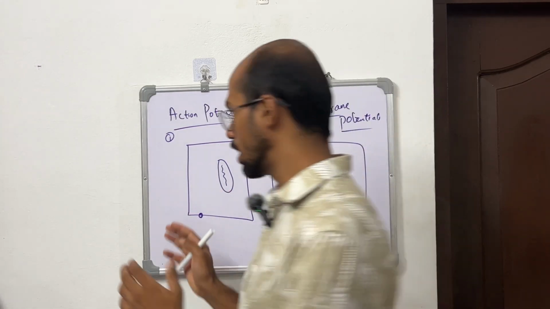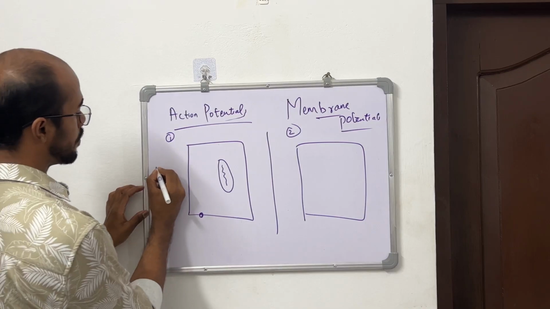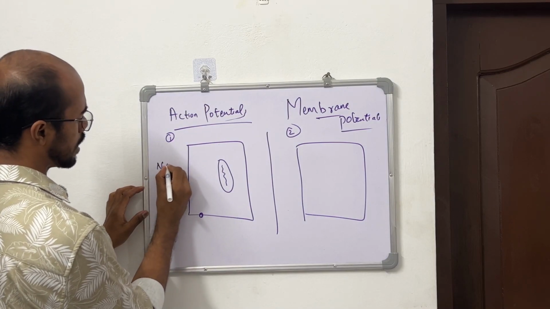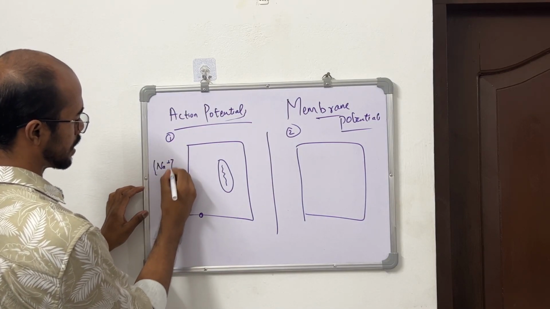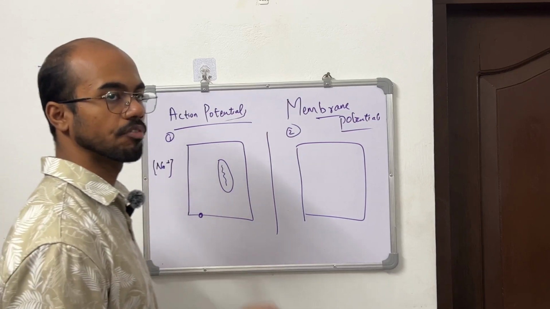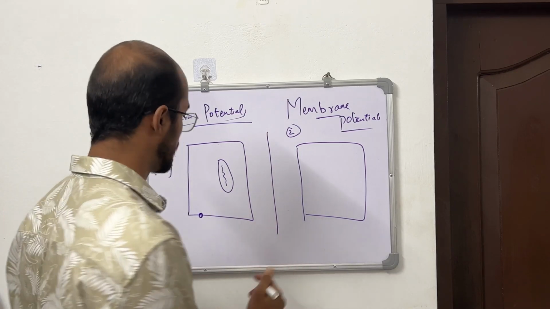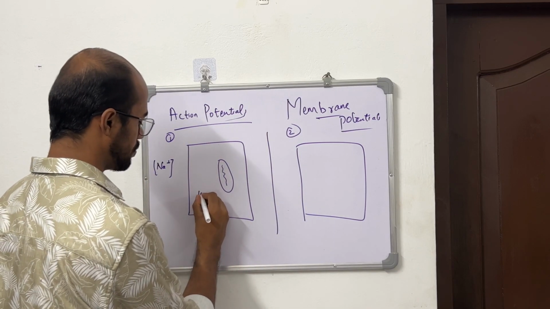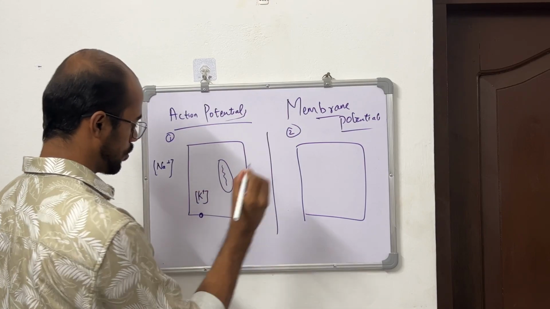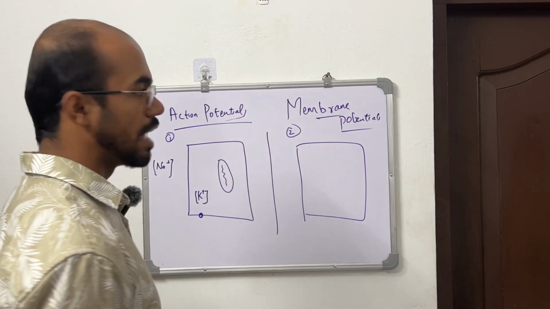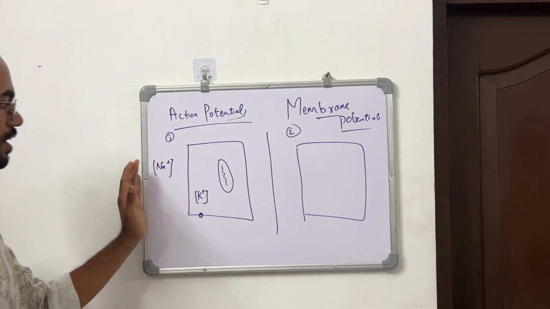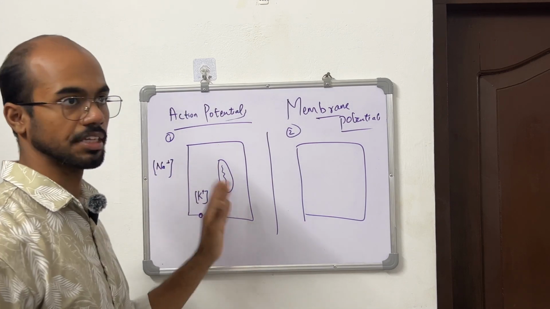So outside every cell, we have sodium and chloride in abundance. So we have sodium in abundance outside the cell. And what is the element that is in abundance within the cell? That is definitely potassium. Okay. So we have an abundance of sodium outside the cell and an abundance of potassium inside the cell.